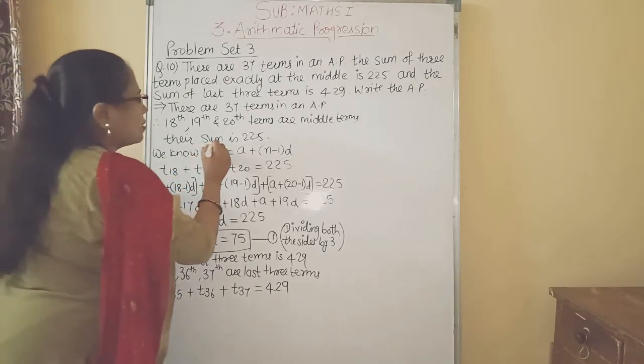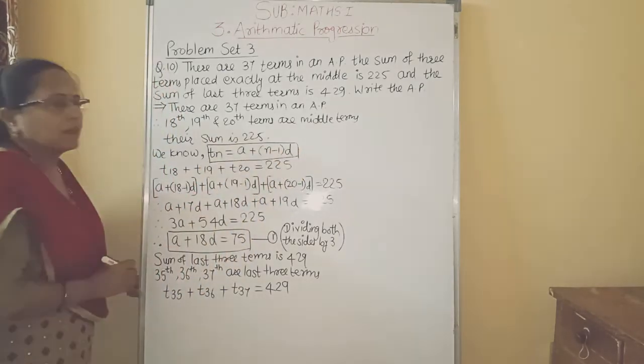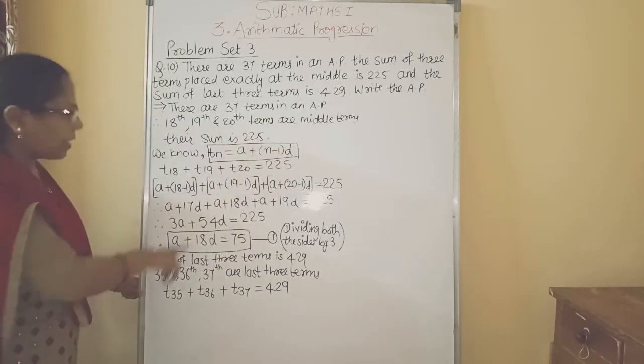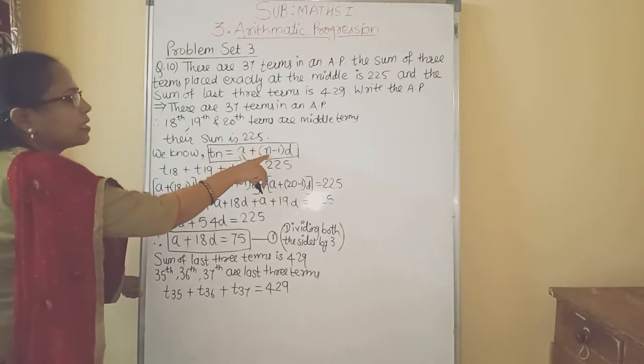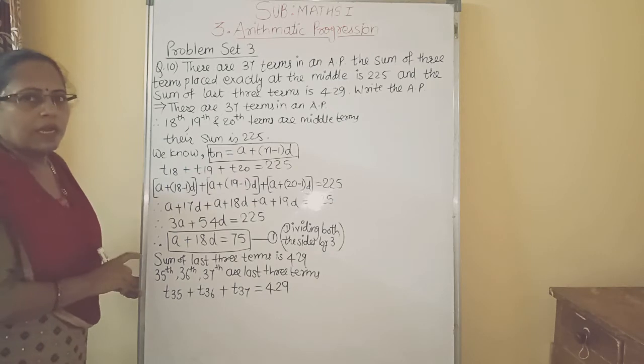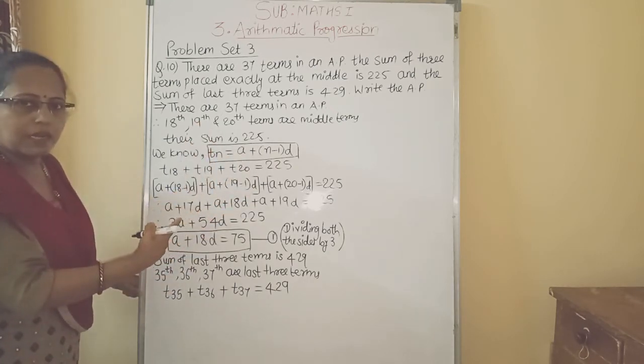You can highlight this formula here. So how we will find T35? T35 is equal to A plus (35 minus 1) into D. Now I am writing directly. 35 minus 1, 34D.